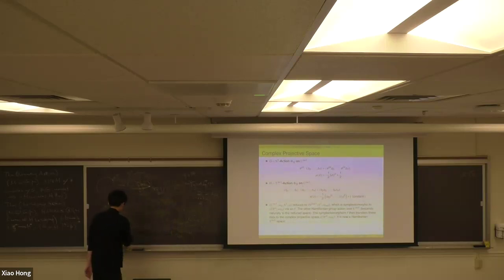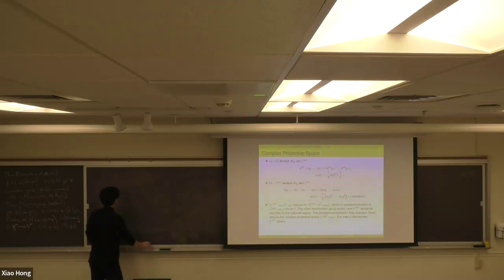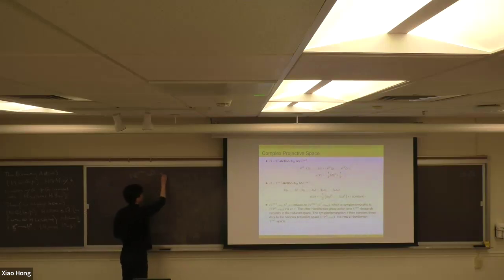And we now consider two actions for this complex projective space. So our base manifold is this. Here, omega 0 is the standard form, and we have two actions.